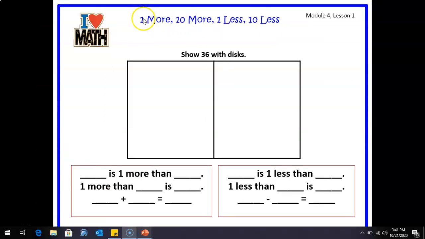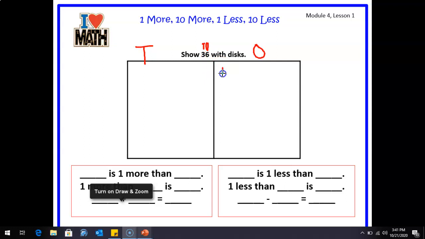Okay, boys and girls, let's start with the concept development. 1 more, 10 more, 1 less, or 10 less. I have to show you 36 with the place value disc. So I label my place value chart. I label the 1s and the 10s. And then the number 36, I label it as well with 1s and 10s.